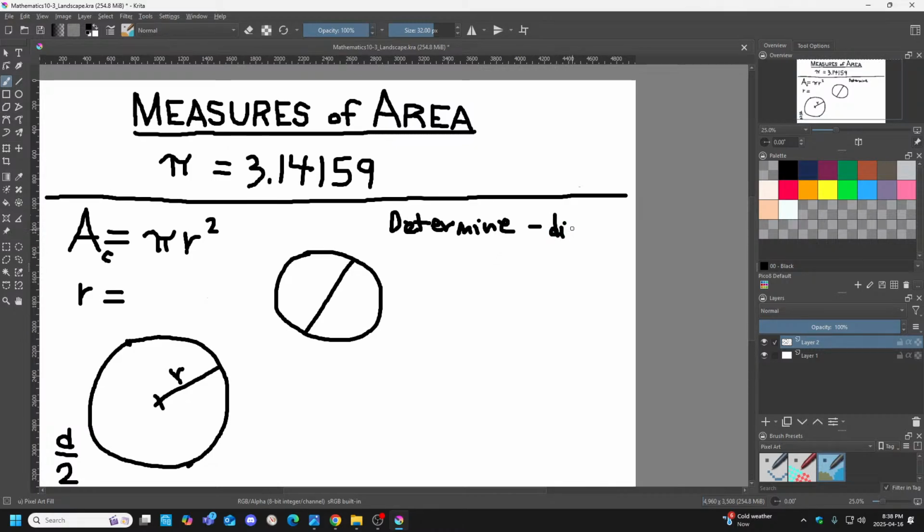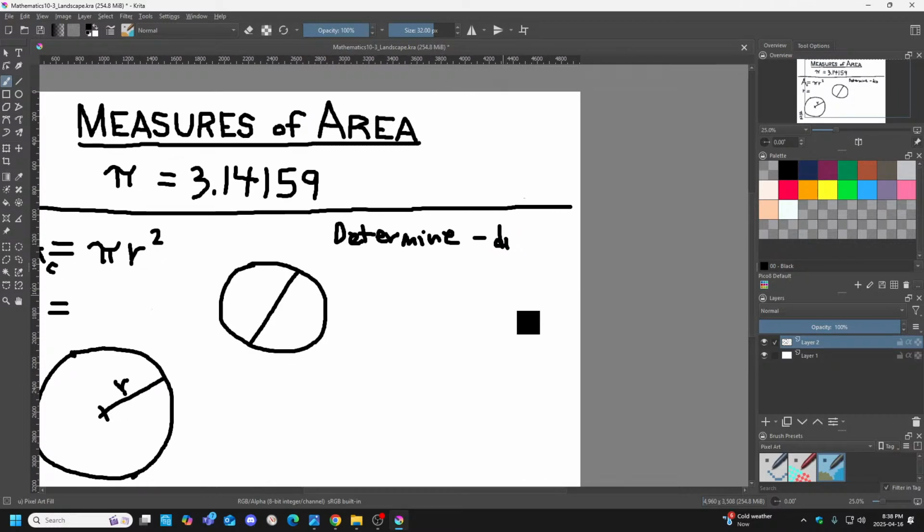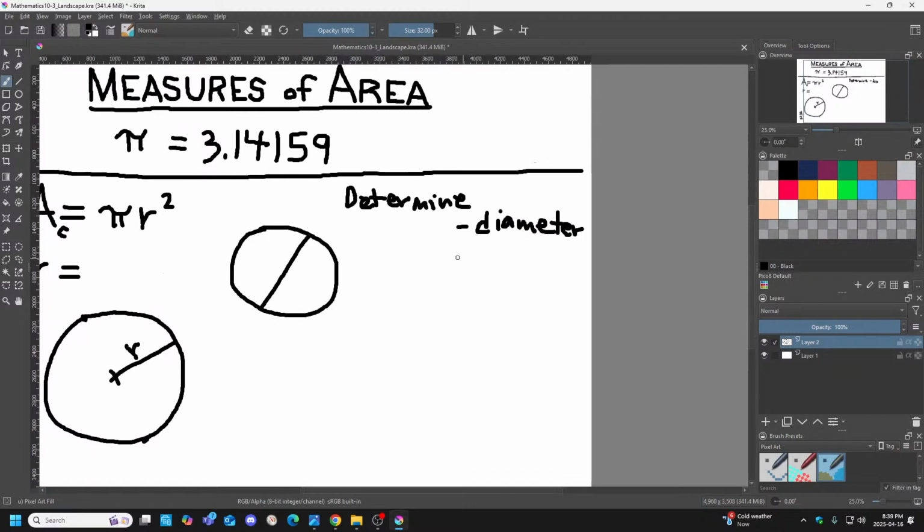What do you do? So, determine the diameter and area. I think the thing that takes the longest is me writing this out. I do wish I had a tablet.